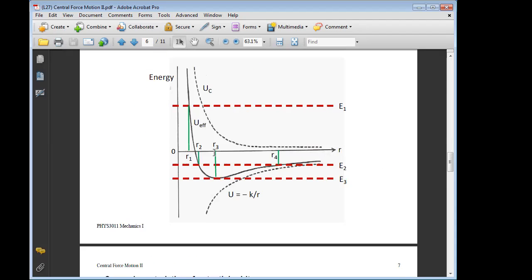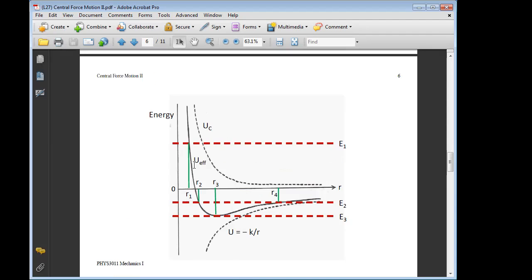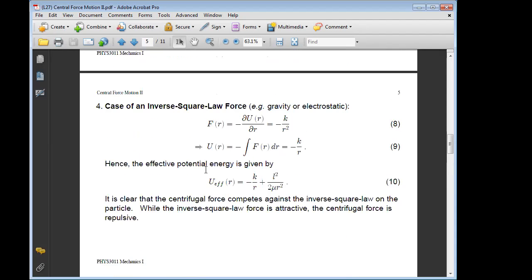Now I change the question a little bit. If we look at a special case of an isotropic harmonic potential, what will happen? That means the potential energy is proportional to r squared.